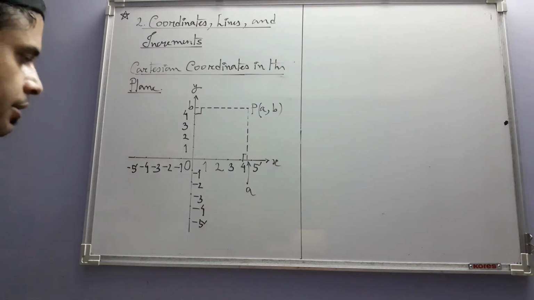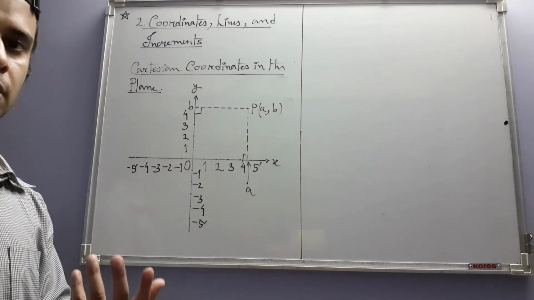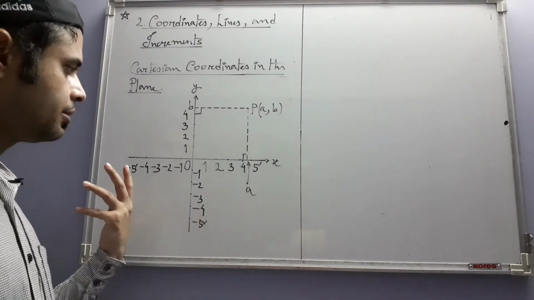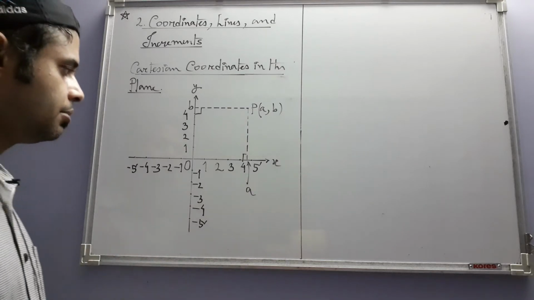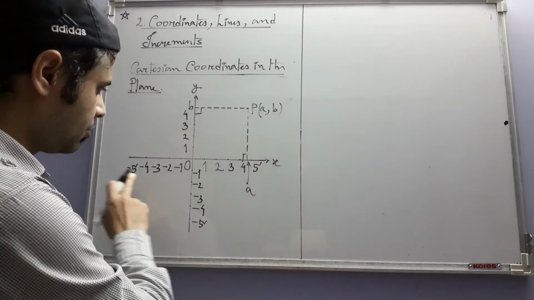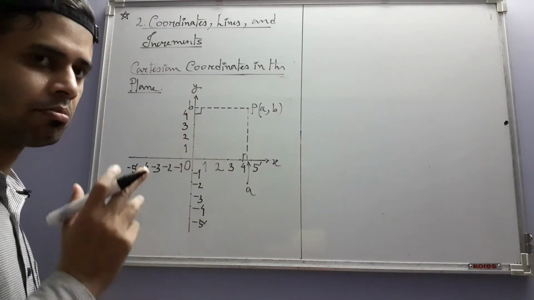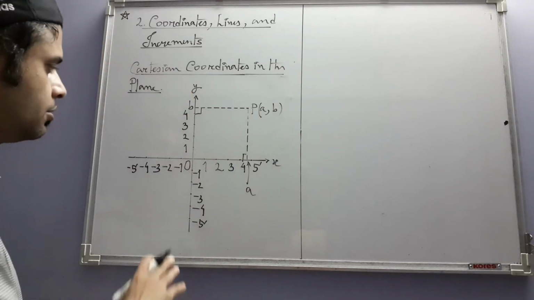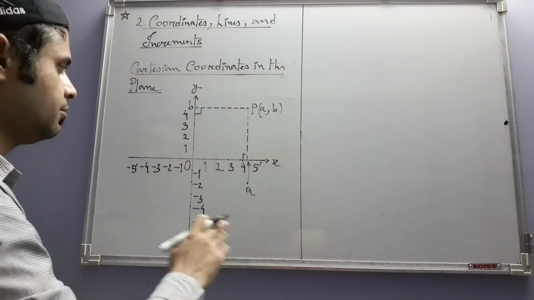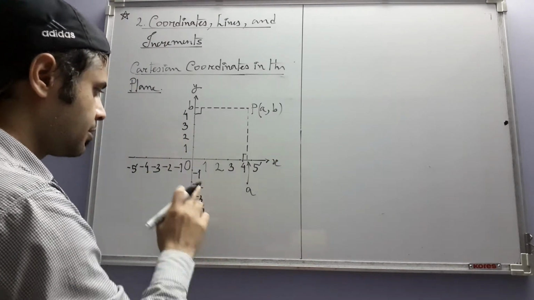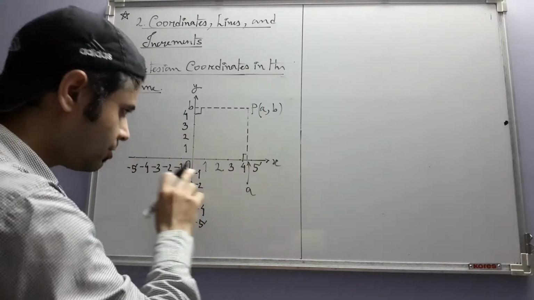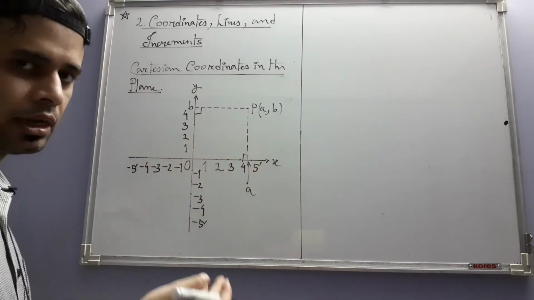Okay, so the thing here is that the position of any point in the two-dimensional plane can be measured with the help of two perpendicular axes, two real lines actually which meet perpendicularly such that the zeros of those real lines meet.